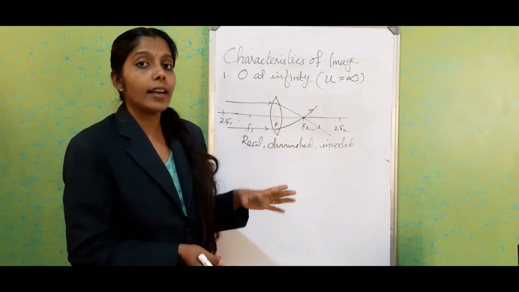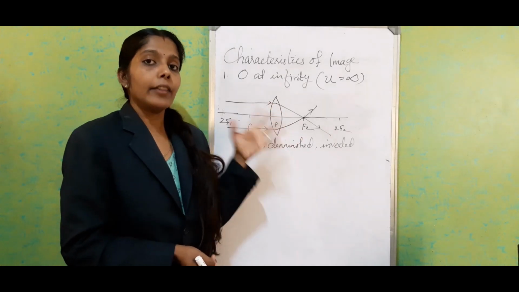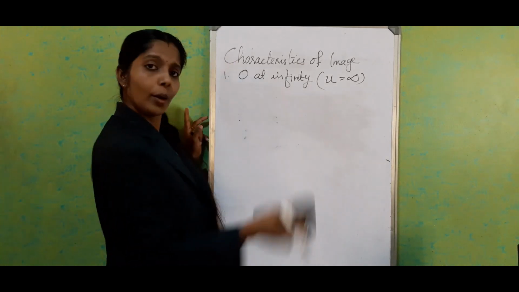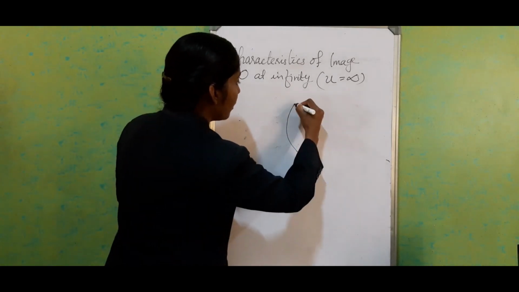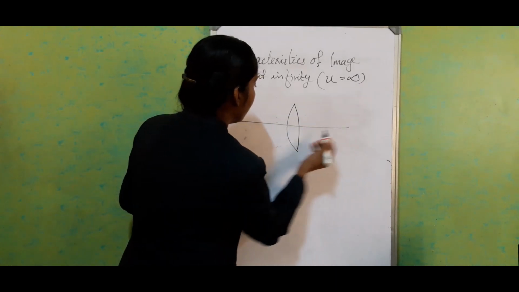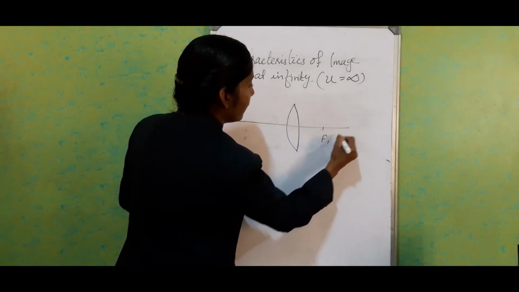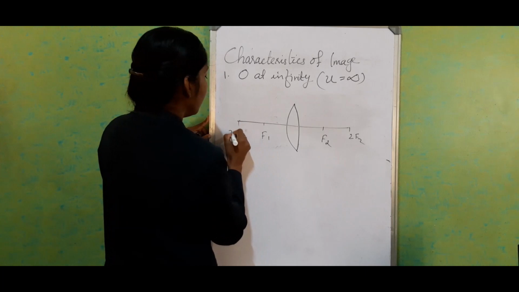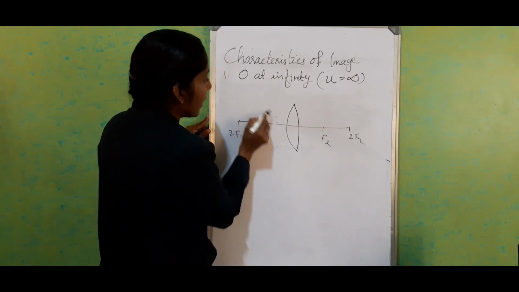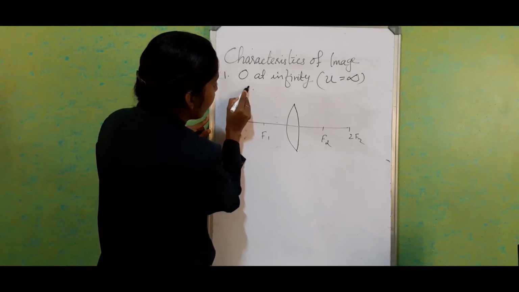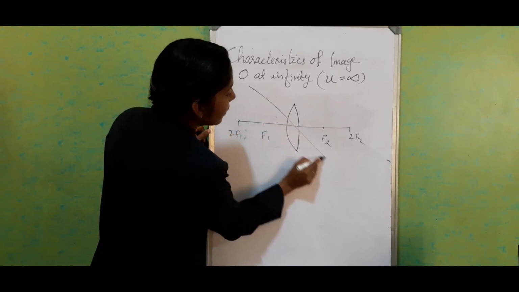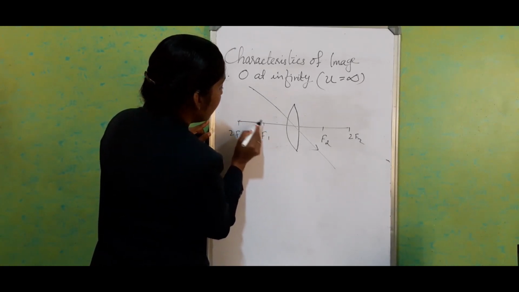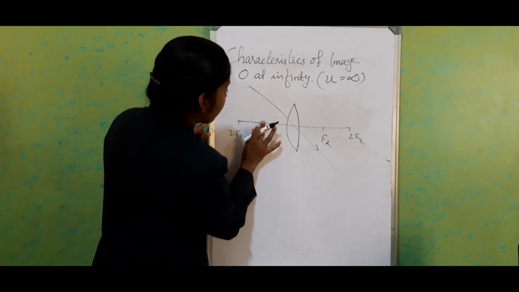We'll see the ray diagram if the rays are not parallel to the principal axis and the object is at infinity. Same condition, object is at infinity, but the rays are not parallel to the principal axis. Here F1, F2, 2F2, 2F1. I am taking two rays: a ray which passes through the optic center and a ray which passes through the first focus.